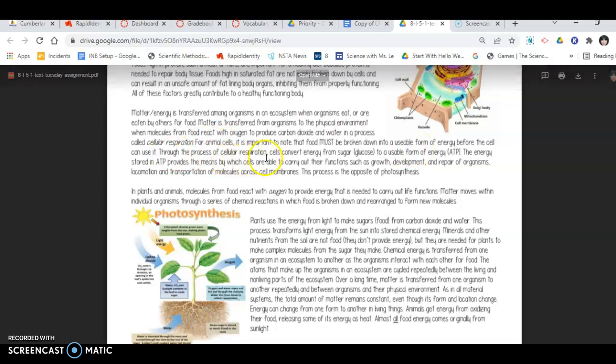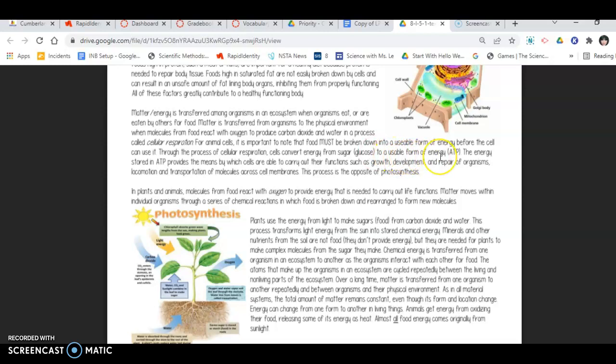Through the process of cellular respiration, cells convert energy from a sugar, glucose, y'all remember my little formula, my saying, cho, cho, chum, yum, yum, yum, that's my candy, C6H12O6, which spells cho, right? So if you can't remember the formula for glucose, cho, okay?